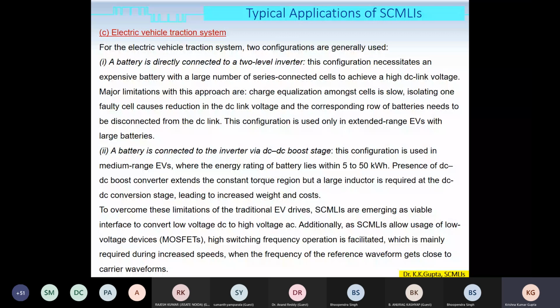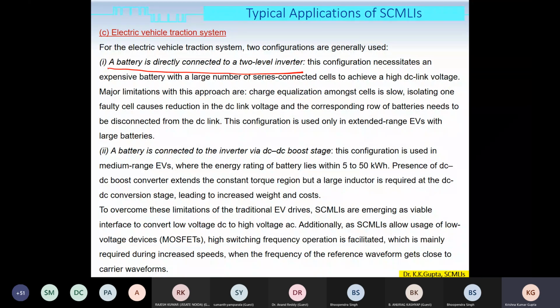Many researchers have demonstrated the application of switched capacitor inverters to electric vehicle traction systems, to three-phase motors, and even to five-phase motors. So here also, in these systems, we use two types of configuration. You can take the battery pack and directly connect it to the two-level inverter.